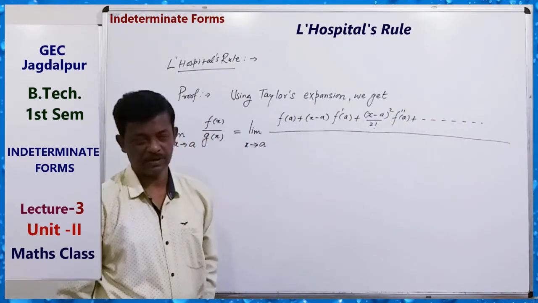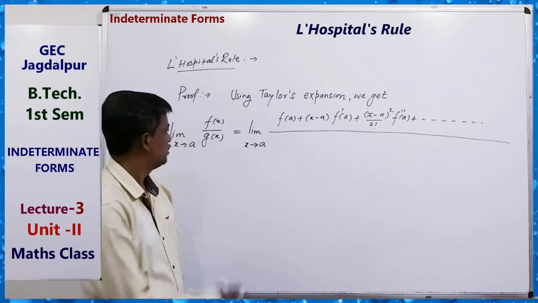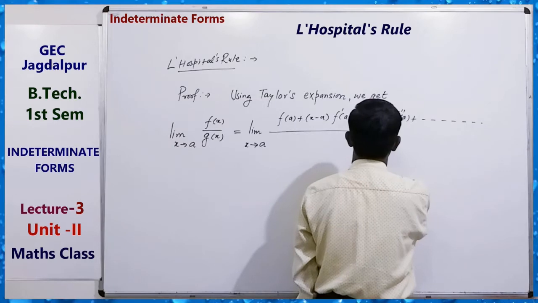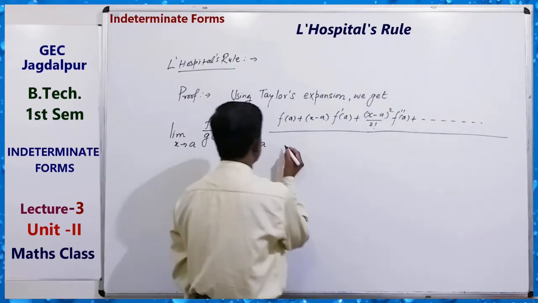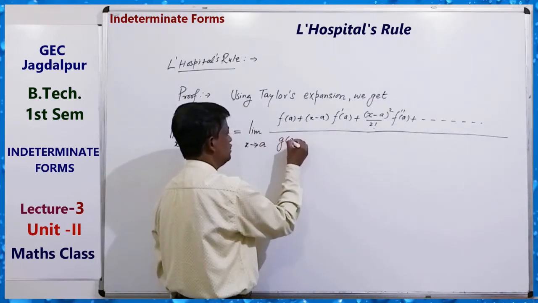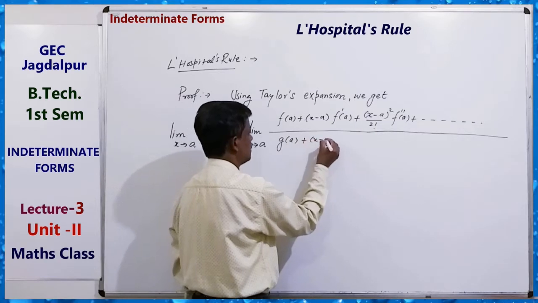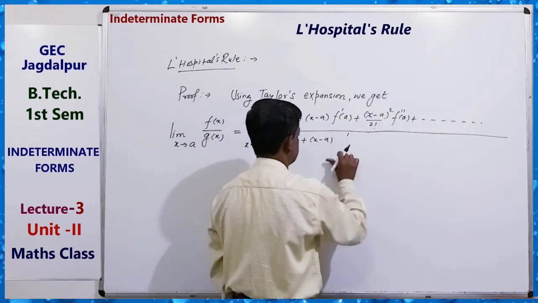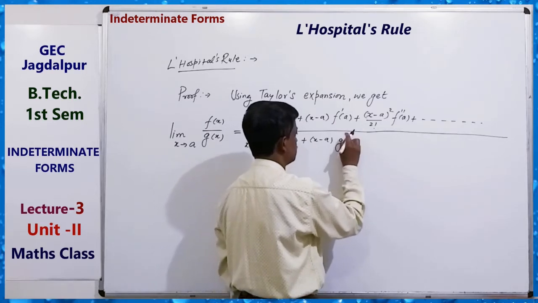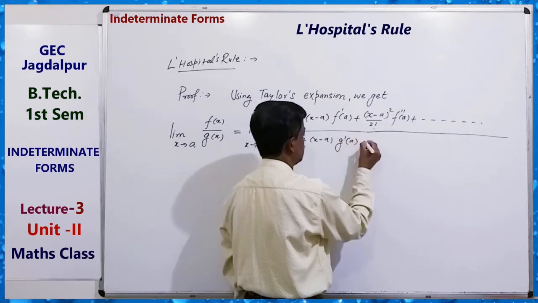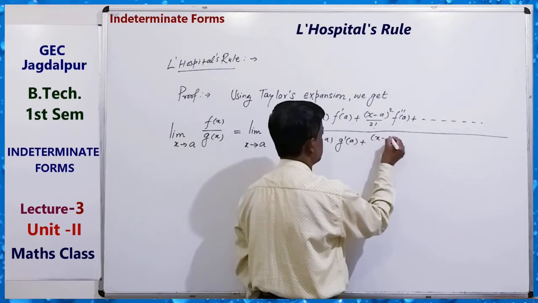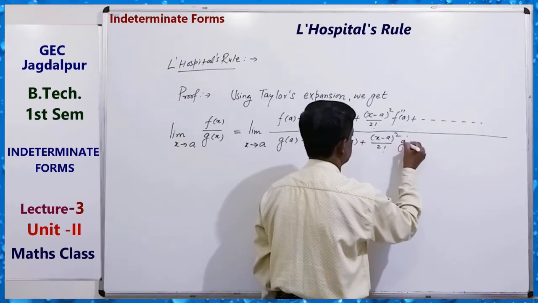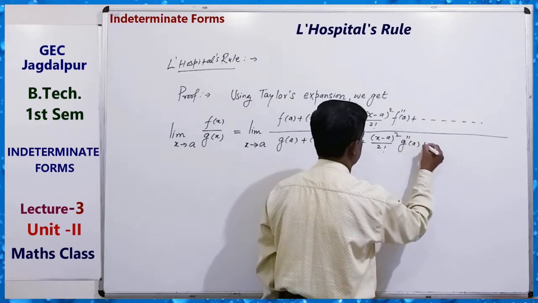We have this type of Taylor expansion of f x. Similarly for g x: g a plus x minus a g dash a plus x minus a square upon 2 factorial g double dash a.